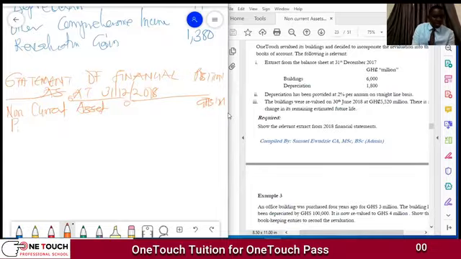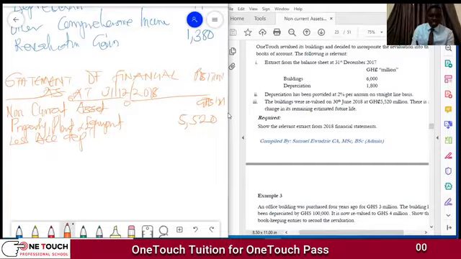So we have our property, plant, and equipment. The cost of 5,520,000. Then we less the accumulated depreciation for 2018, which is 140.